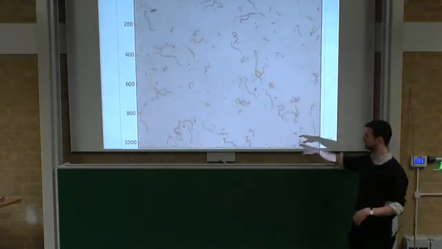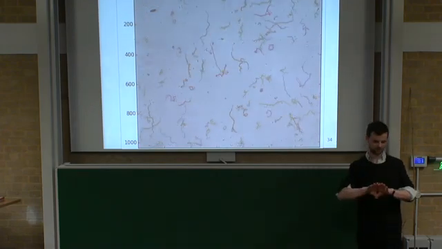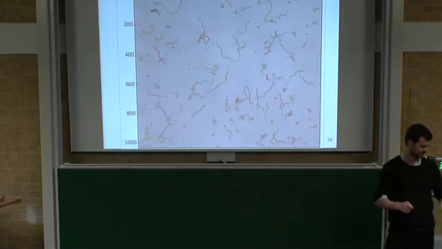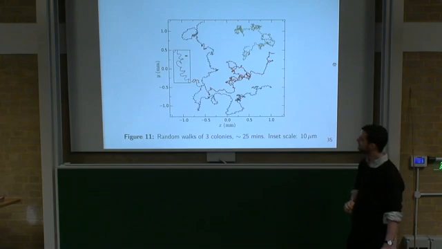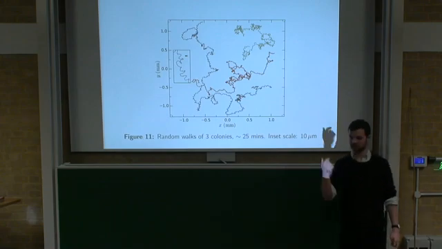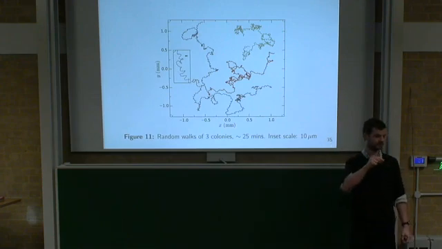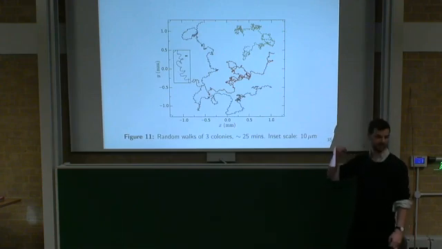So you really don't want to do ensemble statistics, you want to do single colony statistics. So here are 3 example tracks, long tracks of single colonies swimming for around 25 minutes.